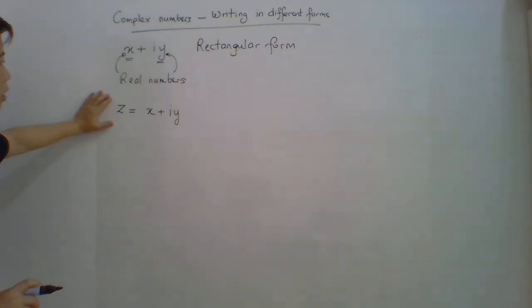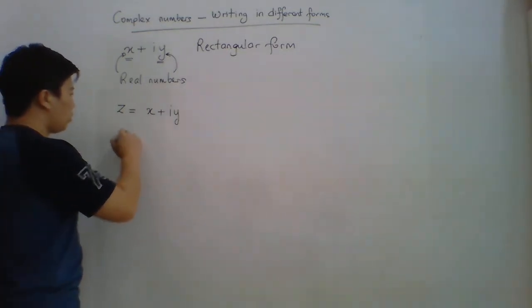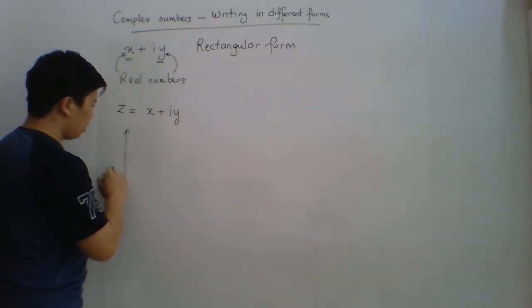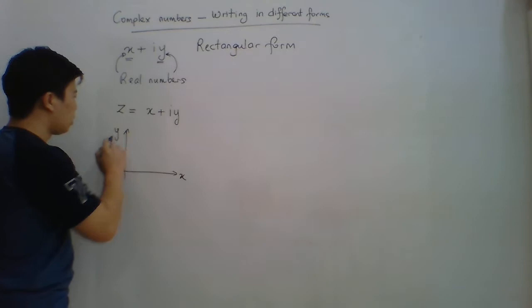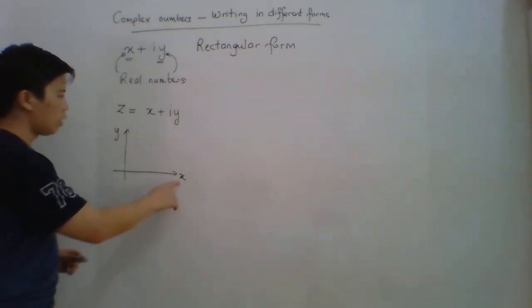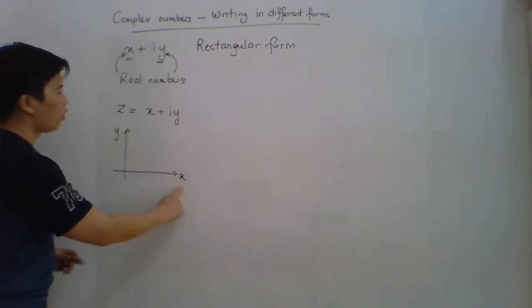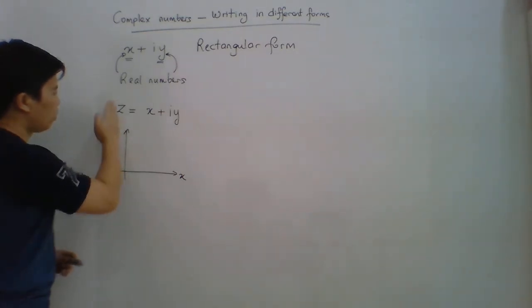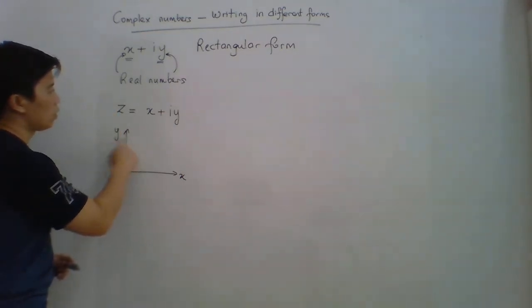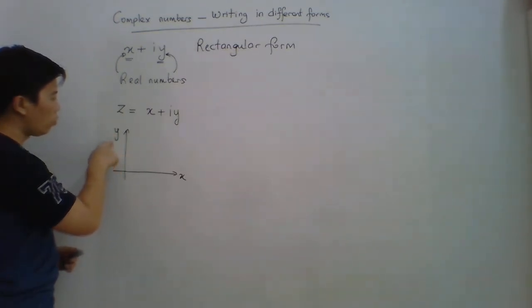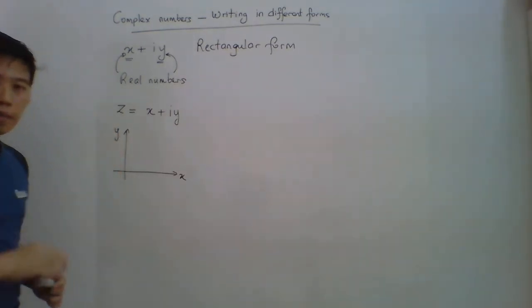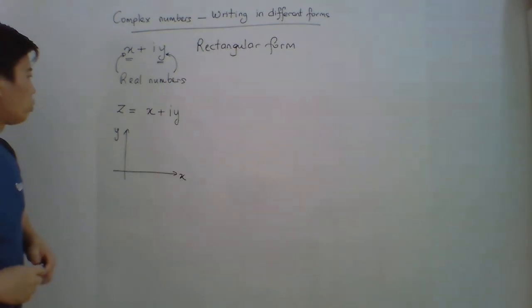So x plus iy, you can also represent this in the form of a coordinate. So just imagine you are plotting in the xy axis. So in this case, x is the real part, and on this axis y is the imaginary part. But then you have to be careful that this y is a real number, it is not an imaginary number.